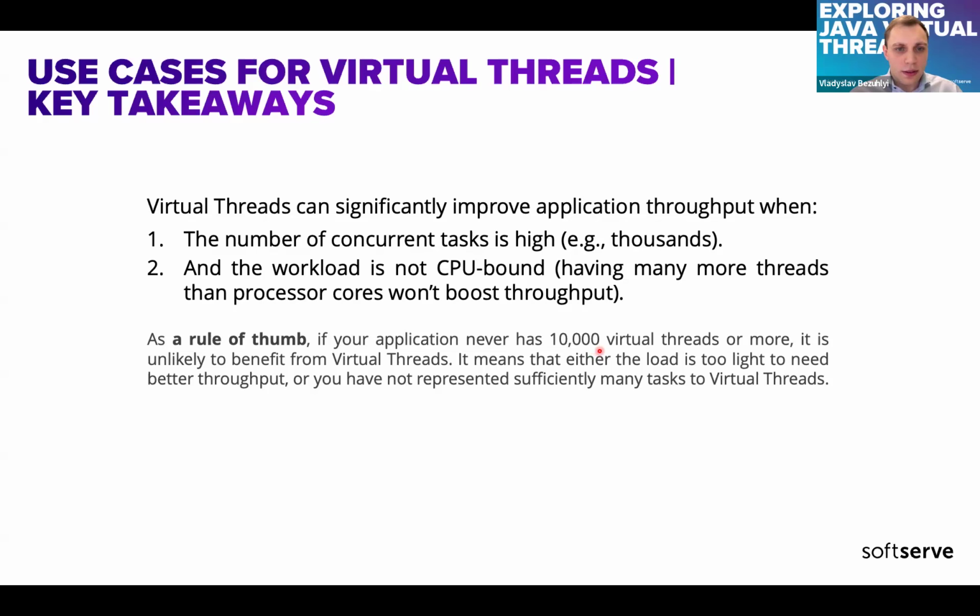So we can probably look at this like, if we have 10,000 concurrent users, for example, then we would like to try using virtual threads. But if we have a couple of hundred users, it is most likely that we will not have any performance improvements.